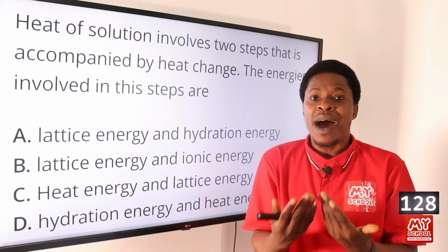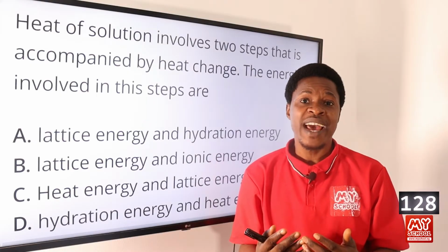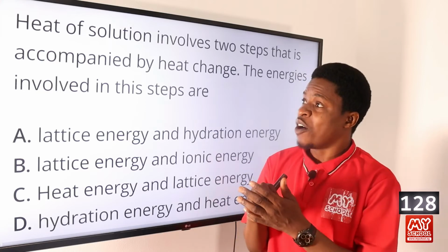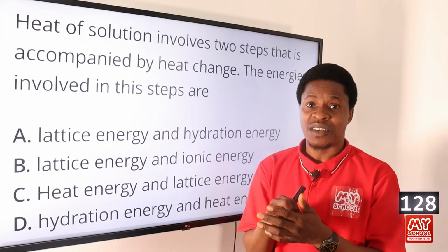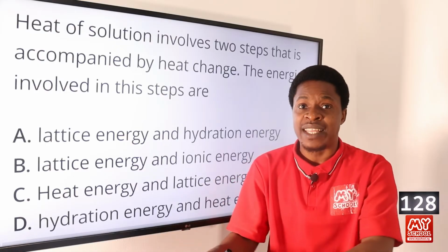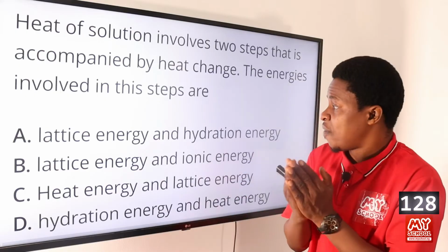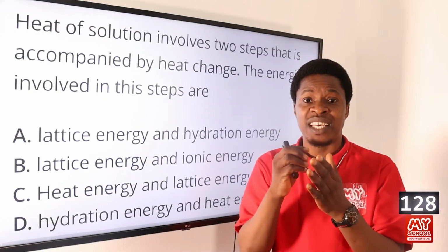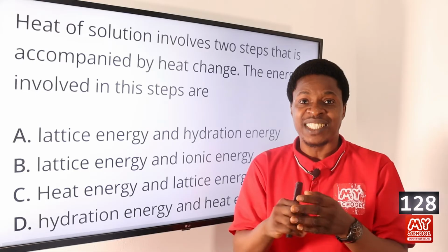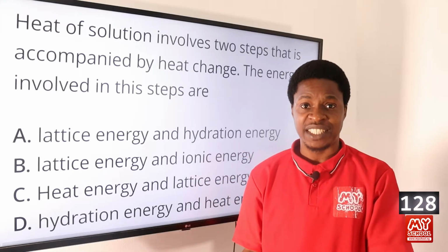There is an amount of energy that is given off whenever the ions are released from the lattice, because the ions need to be dissolved in the solvent, so that it can dissolve in the water solution or the solvent, as the case may be.